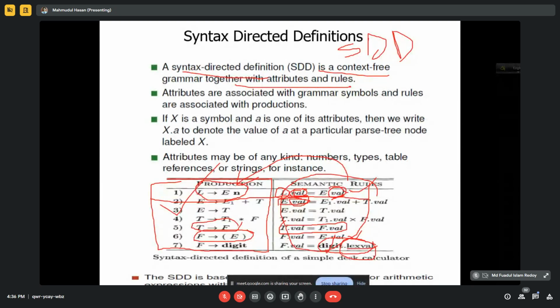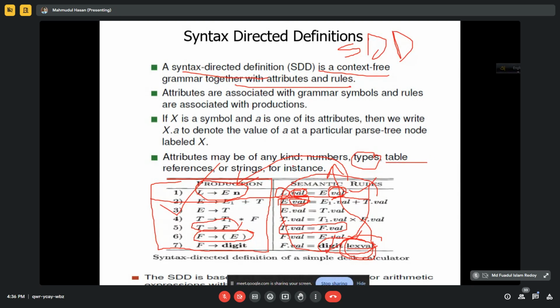So here val and lexval are the attributes, and an attribute can be a number, meaning an integer number, a float number, a double, and so many things. It can be a type, like integer or float, a string, a character, and so many things.